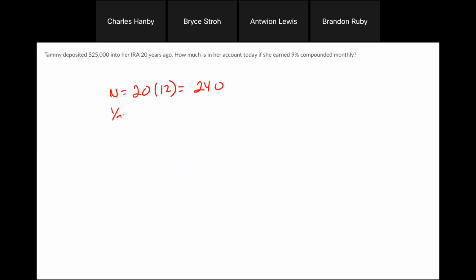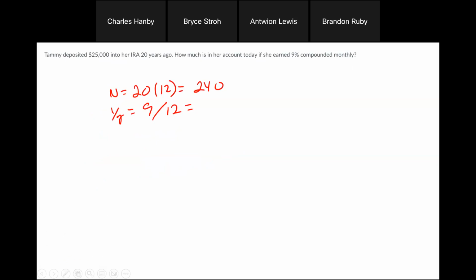So for IY, we need a monthly rate. So it'd be 9 divided by 12. Whatever you multiply up here, you're going to divide by here. If you're converting to months, you multiply by 12 and divide by 12. If you're converting to quarters, you would multiply by 4, divide by 4.